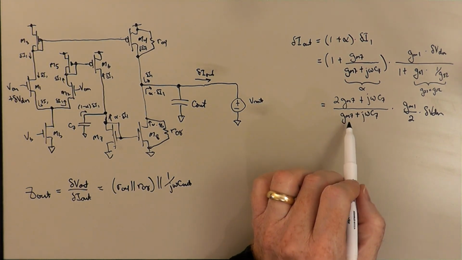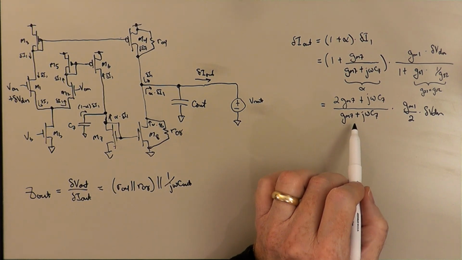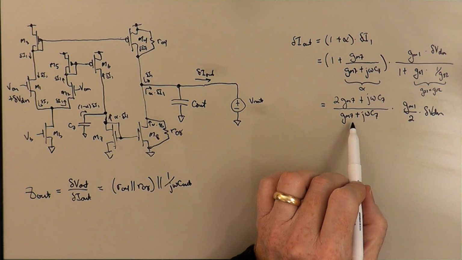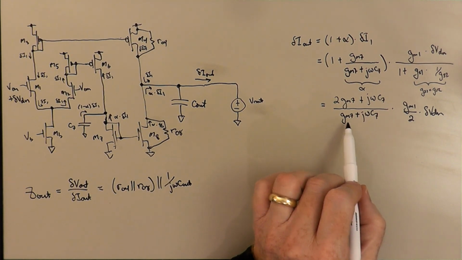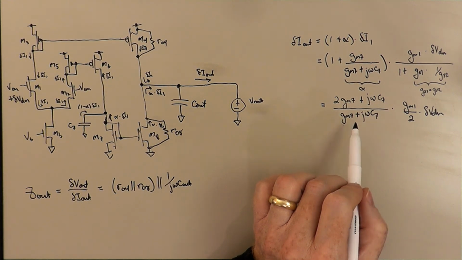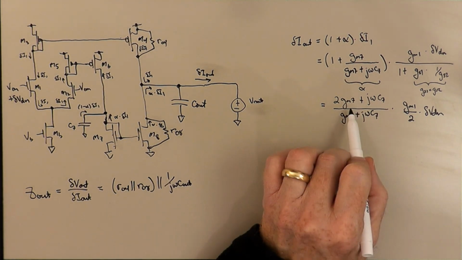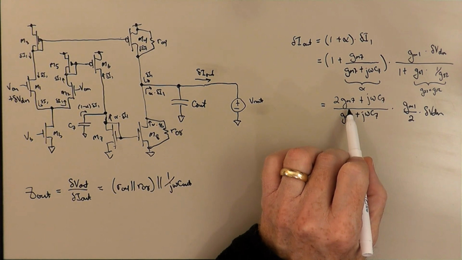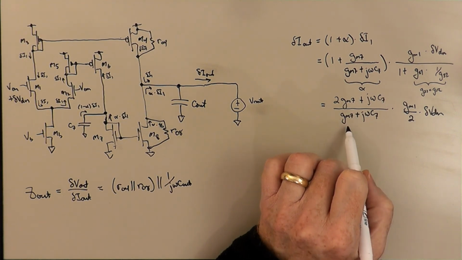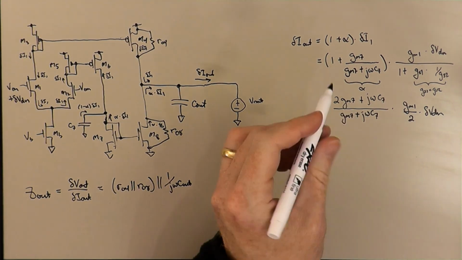And what we would like to do is take the term that does not depend on j omega, and is just a constant, and factor that out, whatever it is, to make the constant term in the polynomial 1. Okay, and so we're going to factor a 2gm7 out of the numerator, and we're going to factor a gm7 out of the denominator, and we'll see what effect that has.